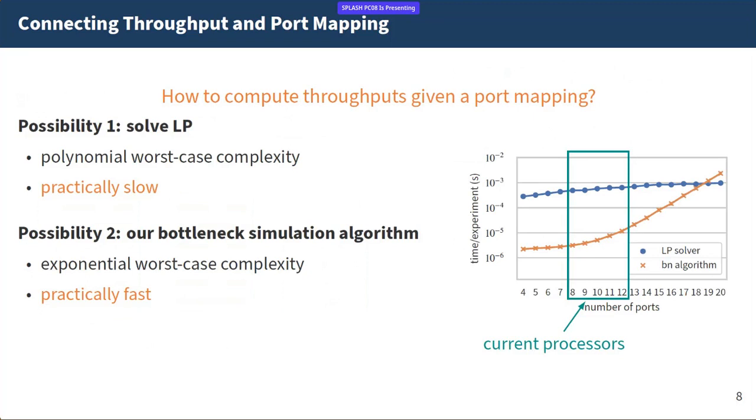So practically, this is a lot faster than using even a commercial LP solver for this problem. One thing worth mentioning, we have proven correct that this bottleneck simulation algorithm exactly models solving the linear program, which is quite nice, I think.